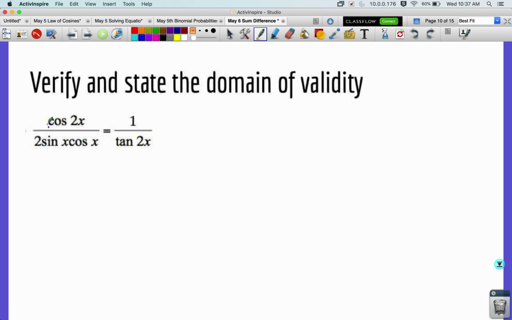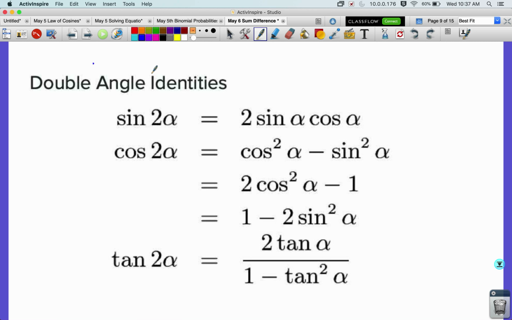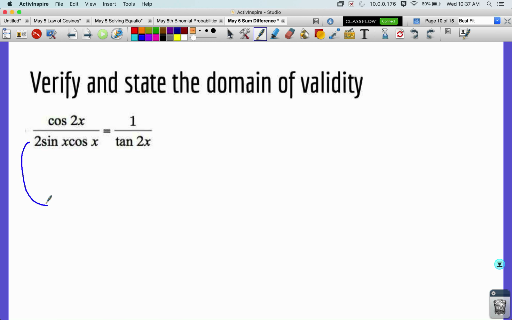And the key that we're going to have to use a double angle are all these 2's hanging out. So 2 sine cosine, that looks familiar. That matches this right here. So 2 sine cosine can become the same as sine of 2x. So this right here, by a double angle identity, we'll write a D there, becomes sine of 2x. All right, now we got cosine of 2x equals 1 over tangent of 2x.